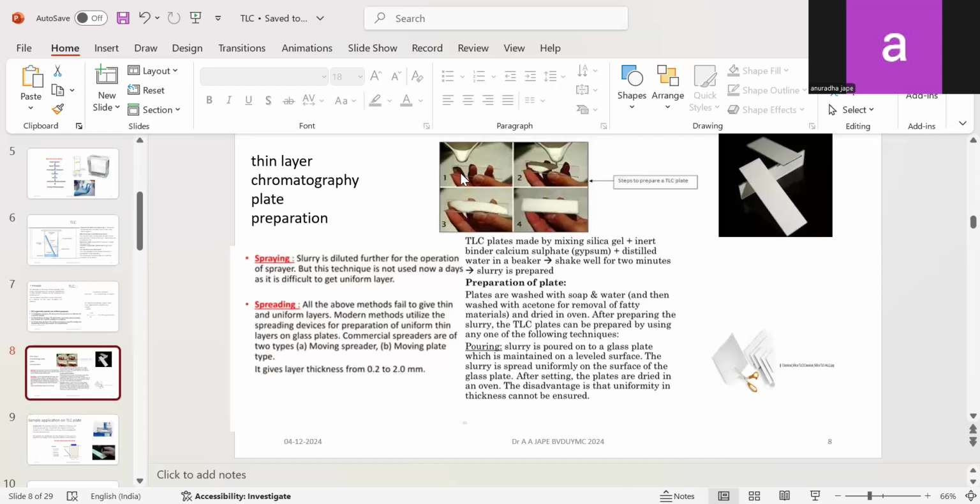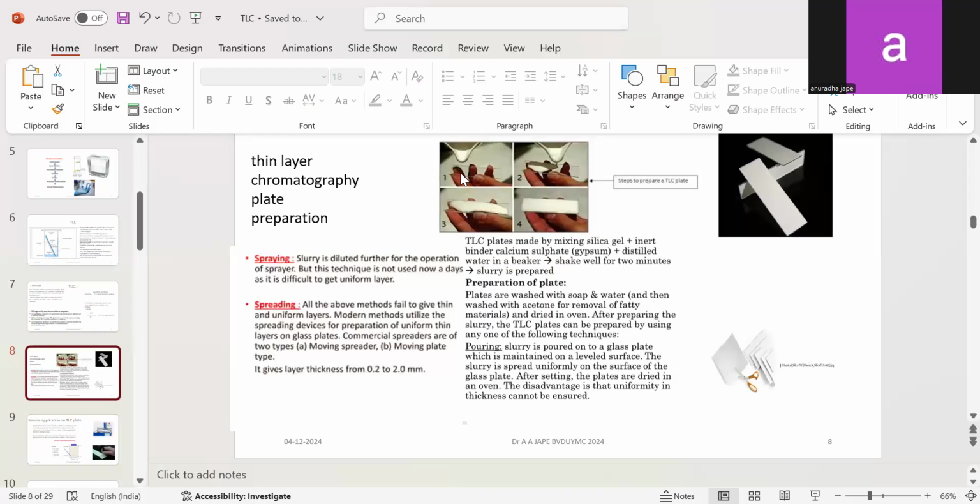Modern methods utilize spreading devices for preparation of a uniform thin layer on the glass plates. And commercial spreaders are of two types: moving spreader and moving plate type. So either the spreader moves in the first type, and in the second type, the plate moves and the spreader is standing still.